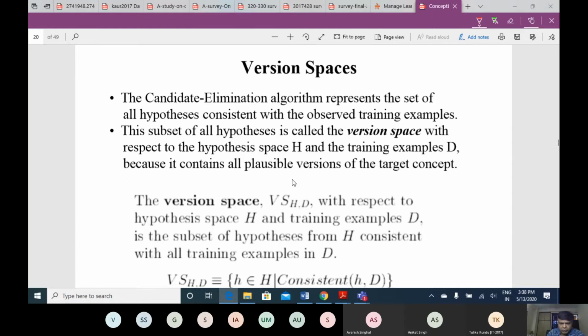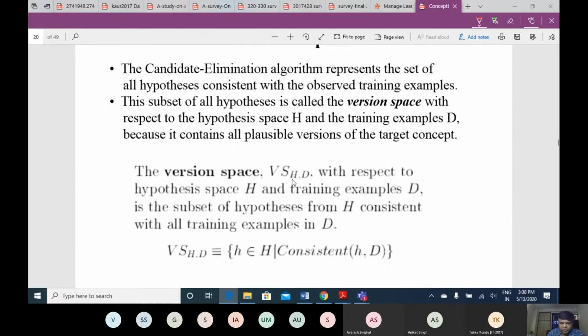Okay, so a particular concept means the concept is defined using the examples D. So for a particular set of hypotheses H, what is the hypothesis space? All possible hypotheses. Where all possible hypotheses are considered, that space is called the hypothesis space.